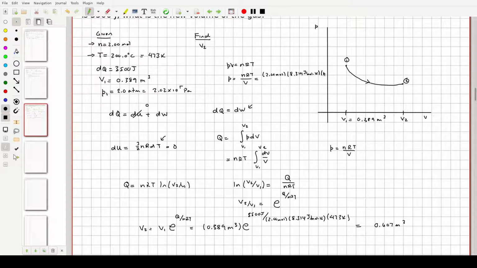The temperature is isothermal, 473 Kelvin. And the new volume here is 0.607 cubic meters. So our new pressure here is going to be 2 times 8.314 times 473 divided by 0.607.